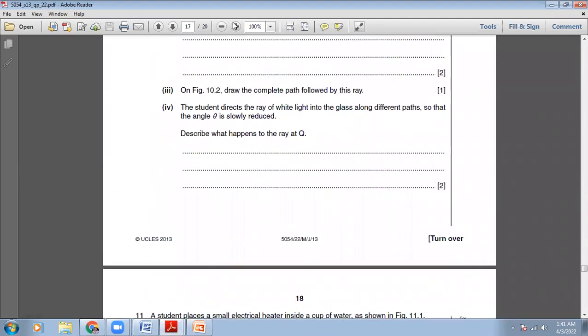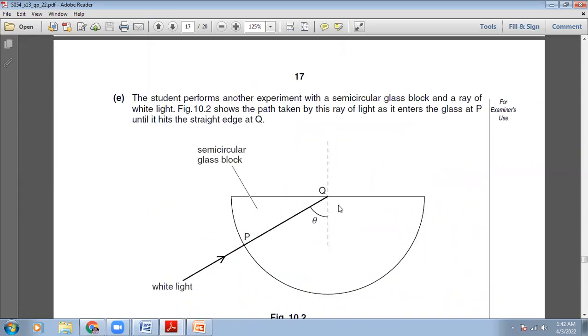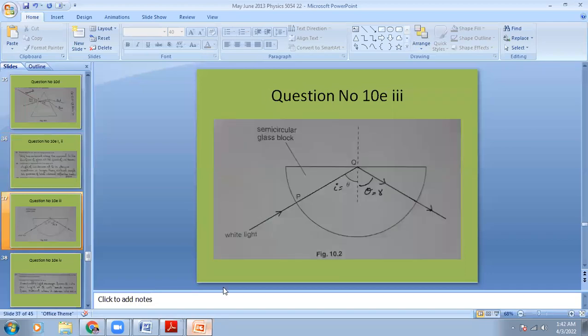Then the question is on the figure 10.2, draw the complete path followed by this ray. So here the total internal reflection took place. So check how much this angle of incidence is. The same will be the angle of reflection here, and that ray will be like this. Let me show you, I have drawn this.